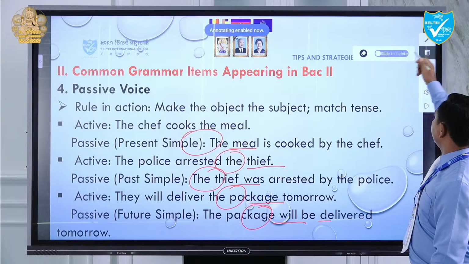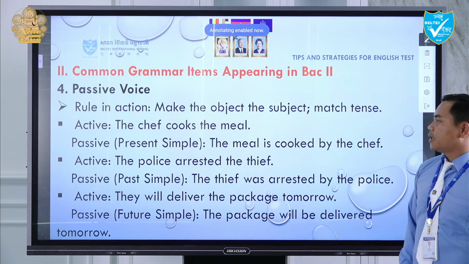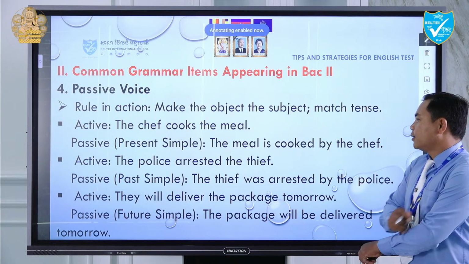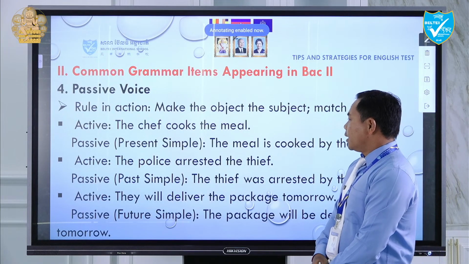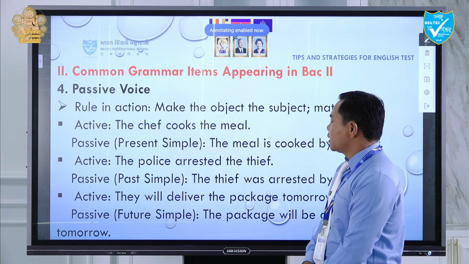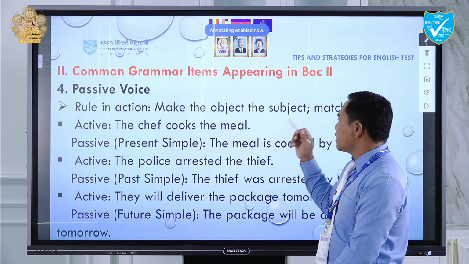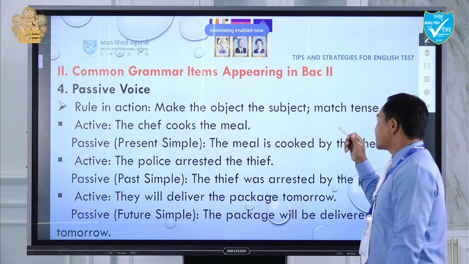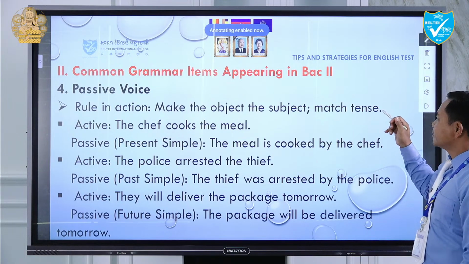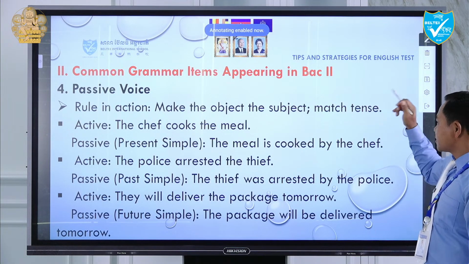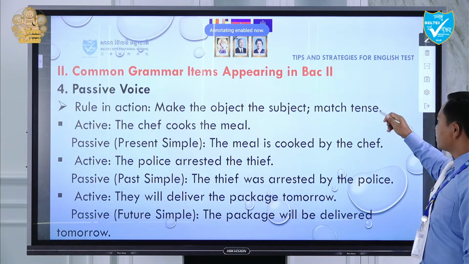And the last one is about passive voice, which usually appears in the grammar section. The rule in this action: you have to make the object the subject. Match tenses.